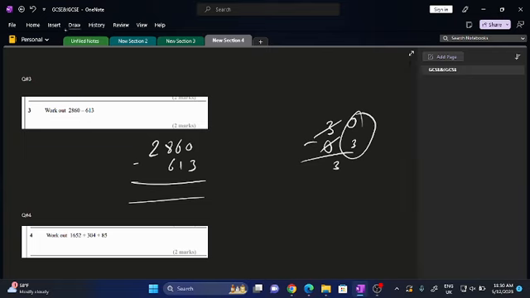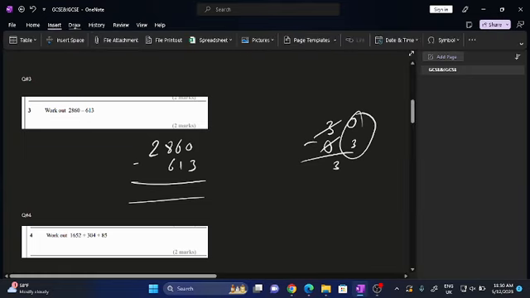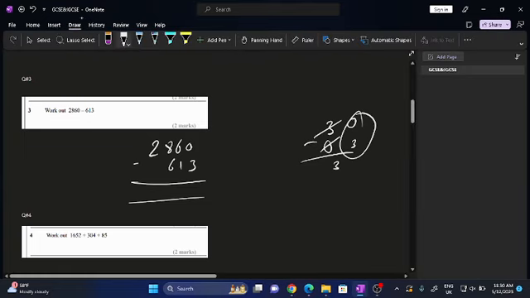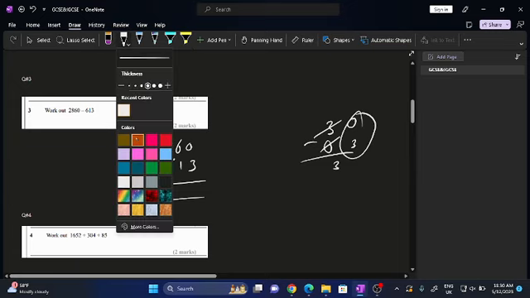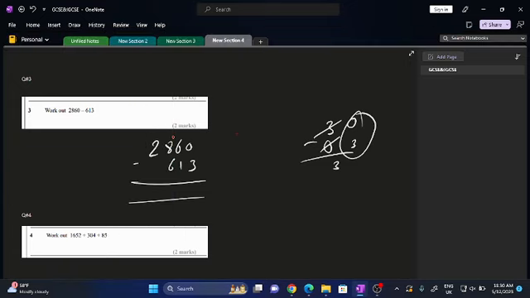So you will borrow one from the neighboring element, that is 6 here. This 6 gives me a carry, and this 0 with this 1 becomes 10. Now this is not 0, this is 10 now, and this is not 6, this is 5 now, because it shifted its one carry towards the neighboring element. So 10 minus 3 would be 7.